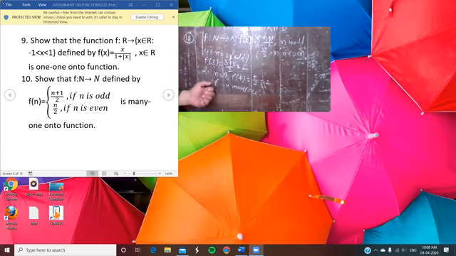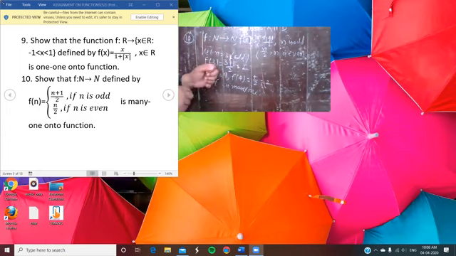Actually, in case of an onto function, all the elements of the codomain are engaged, or you can say all the elements of the codomain are the image of some element of the domain. So in this way, you take n belongs to N. Suppose n is any number which belongs to the codomain.